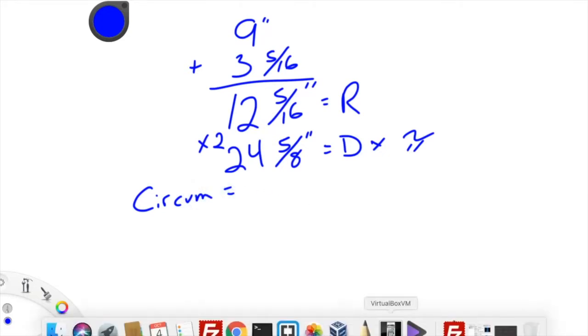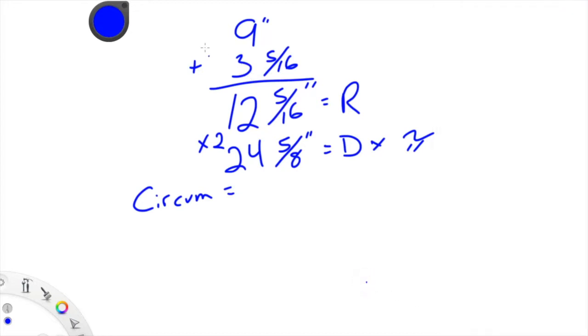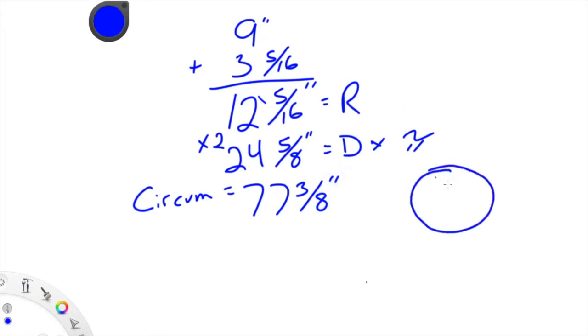So 24 5/8 times pi equals 77 3/8. 77 3/8 circumference for a circle that has a radius of 12 5/16, or diameter of 24 5/8.